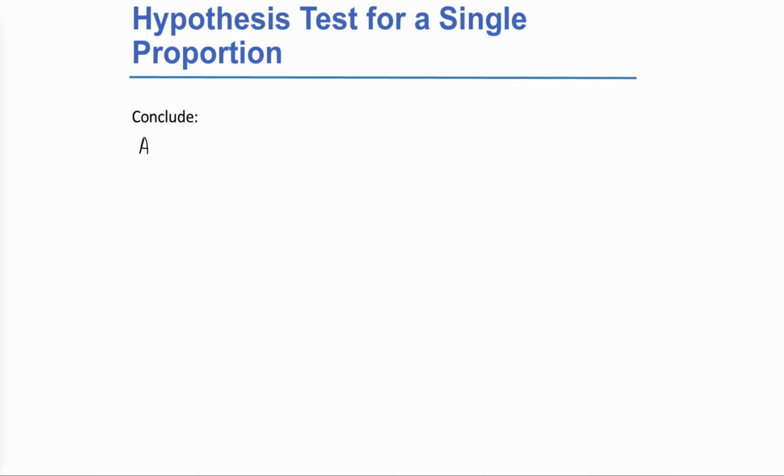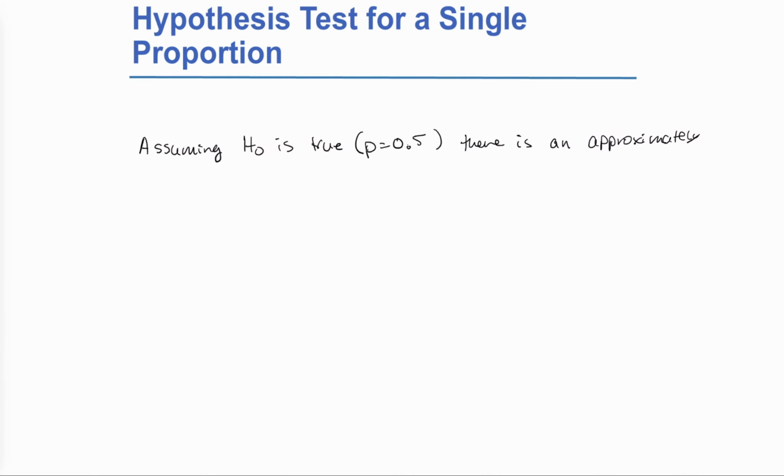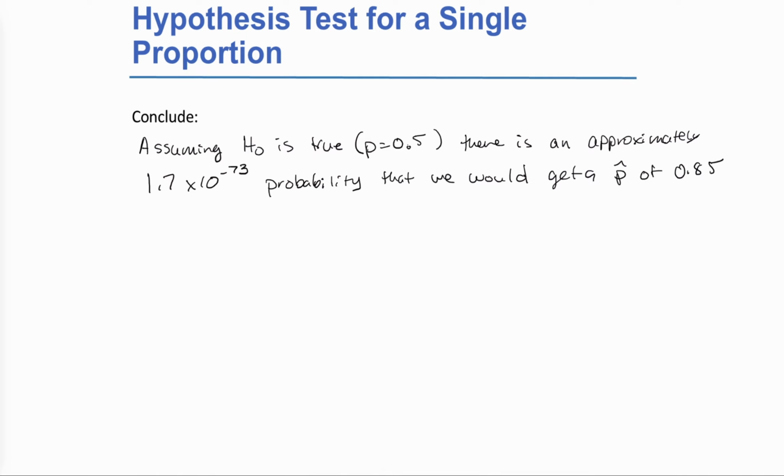So our p-value means that, assuming the null is true, which you should specify, the null was that p is 0.5, there is approximately, what was my number, 1.7 times 10 to the negative 73rd probability that we would get a p hat of 0.85 or greater purely by chance.